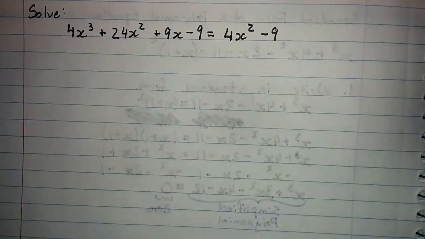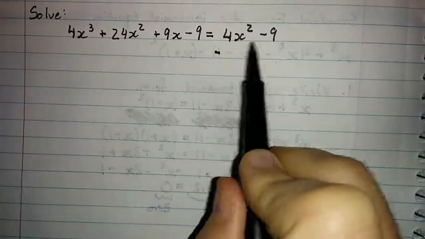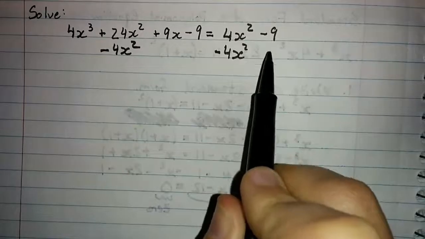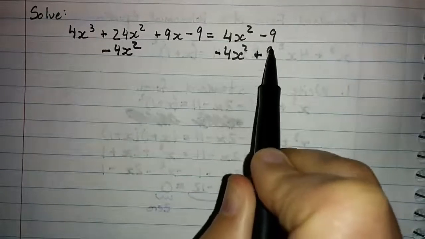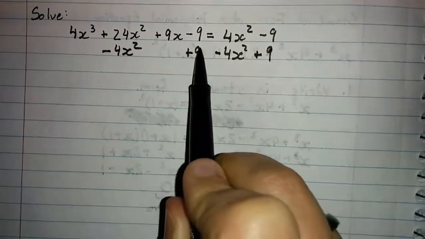All right, so first I need to get standard form by subtracting all of the terms from this side. Here I need to get rid of a negative 9, so I'll add 9. I could think of that as subtracting negative 9 if I liked.